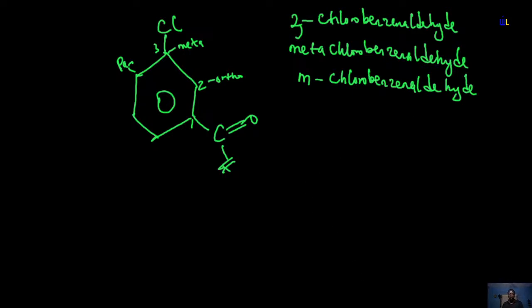Any of these 3 names you put there is going to be the correct one. Okay, having said this, let's try one or 2 more examples to help buttress our points. Then I'll show you the structure of paracetamol and then we would move ahead.